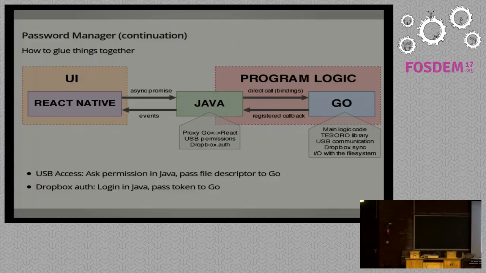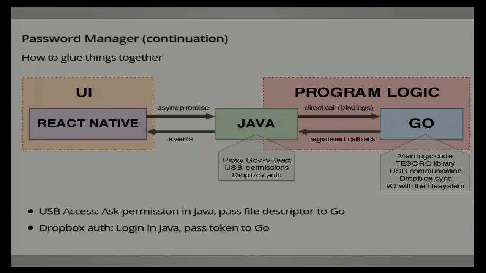So our communication with the device is in Go, but at first when the application boots up, we need to list the devices connected to the phone and ask permission. For Dropbox synchronization, the authorization is also in Java, because you need to open a web view and take a token, but once we have the token, we pass it to Go, and the uploading or downloading of files is all done in Go.